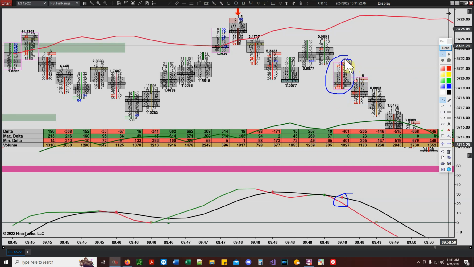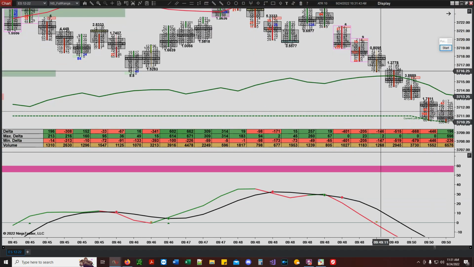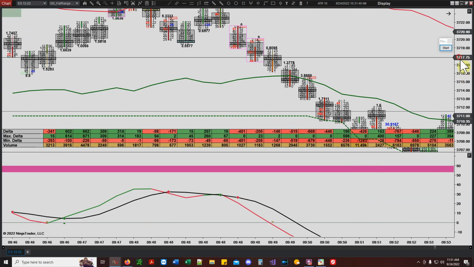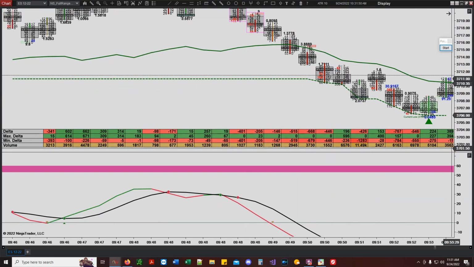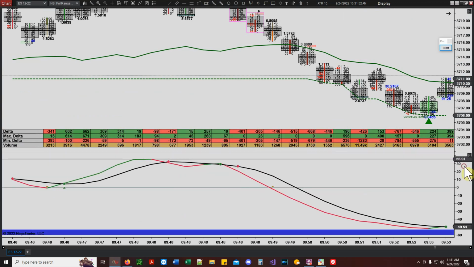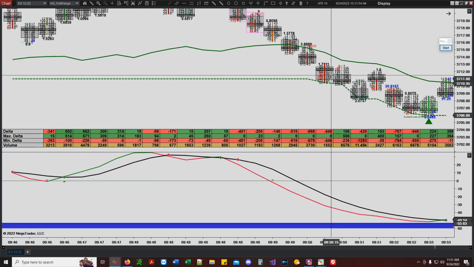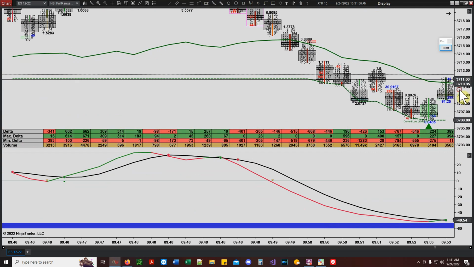Imbalance. Single print. It's gone. Got another imbalance right there. It's gone. Quite a few ticks between these two imbalance boxes and down to the oversold zone down here.